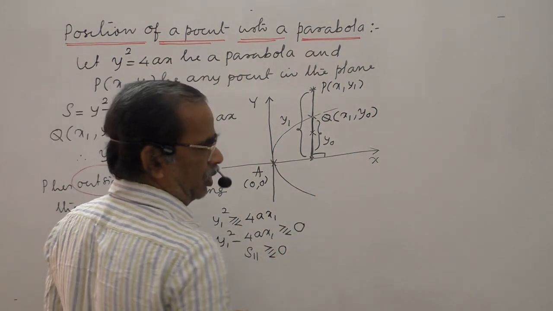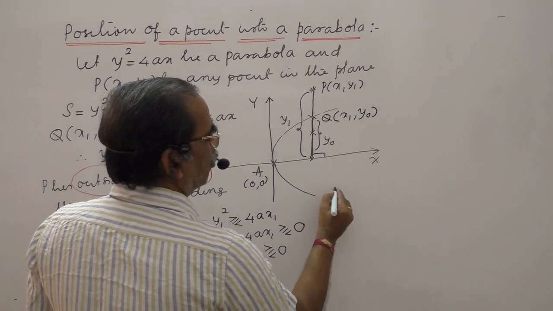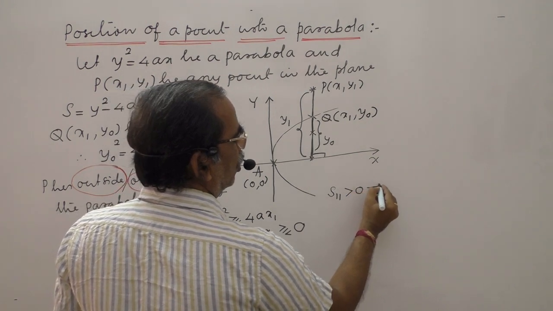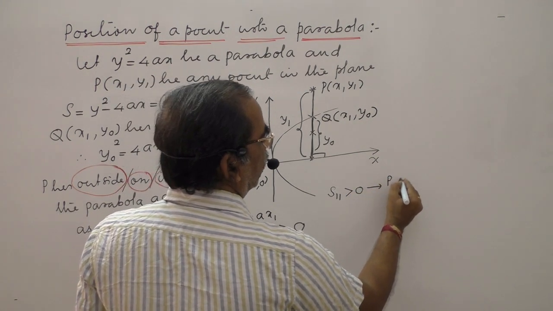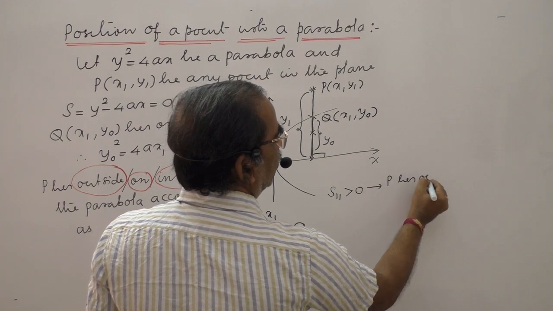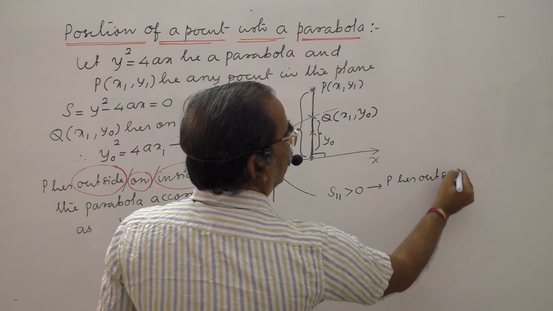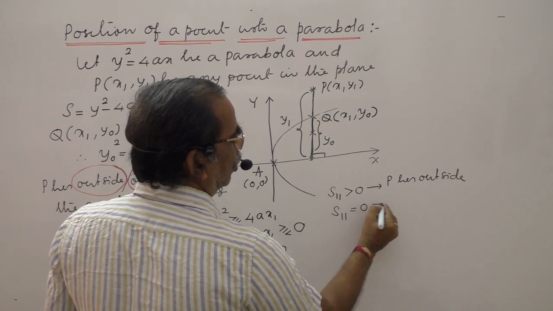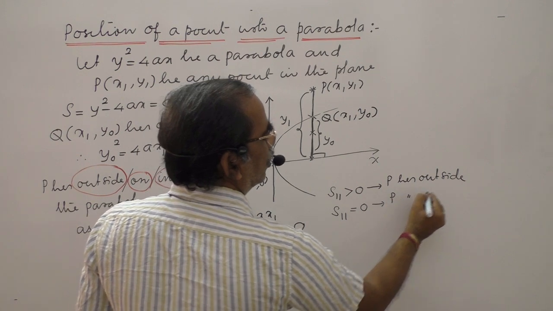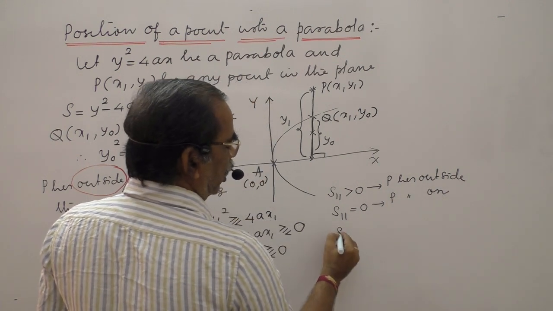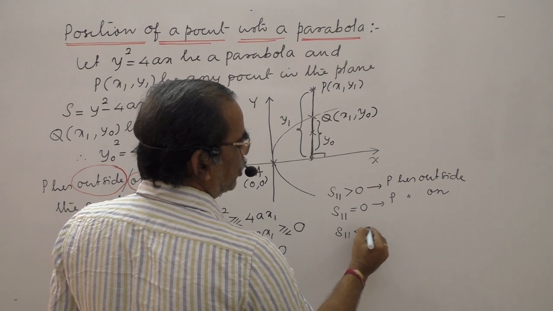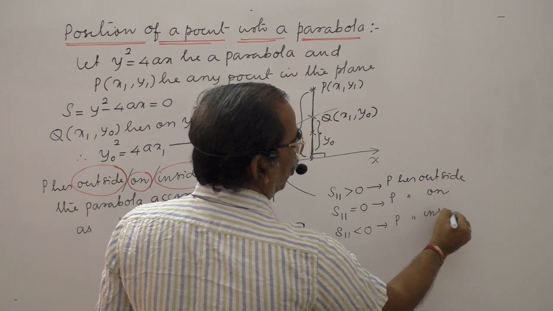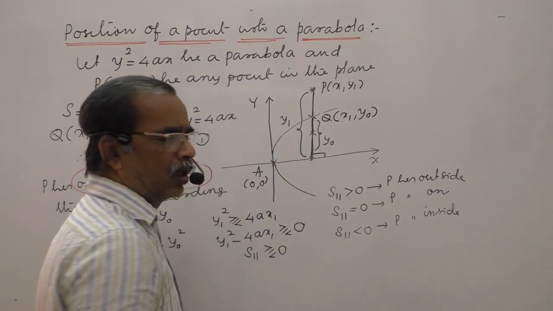If a point is given, we should find S₁₁. If S₁₁ is greater than 0, then the point P(x₁, y₁) lies outside the parabola. If S₁₁ is equal to 0, then the point P lies on the parabola. If S₁₁ is less than 0, then the point P lies inside the parabola.